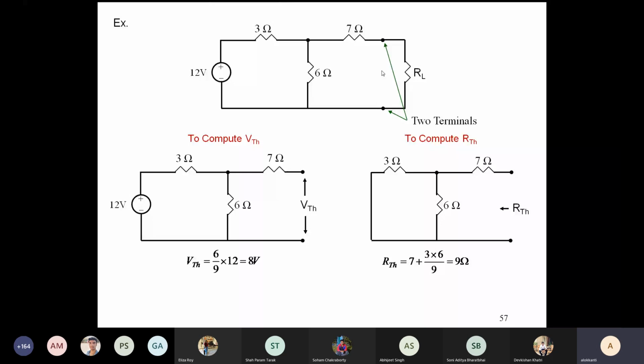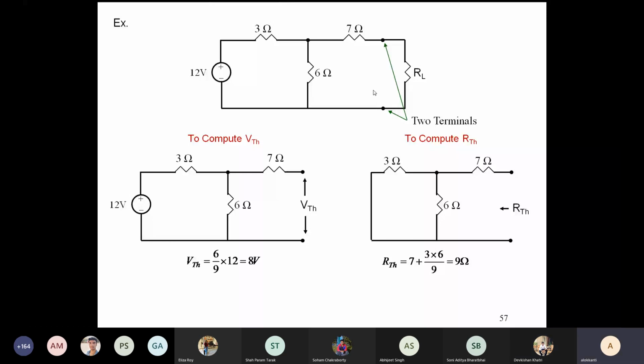So when we do across these two terminals, we actually remove the RL, and whatever is remaining, you have to find the VTH and RTH there. Okay, I got it.